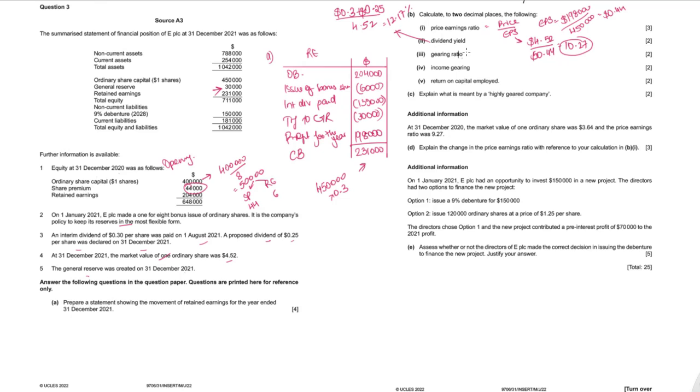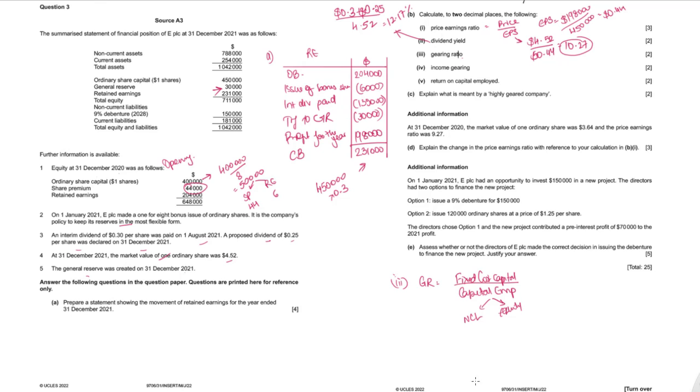Then we have the gearing ratio. So the formula for gearing ratio, okay, let me do it here. Formula for gearing ratio is the capital on which we have to pay a fixed percentage cost. So fixed cost capital. This will include your loan, debentures, or even preference shares on which a fixed rate of dividend is paid, divided by the overall capital employed in the business. Capital employed will be equal to all your non-current liabilities plus all your equity.